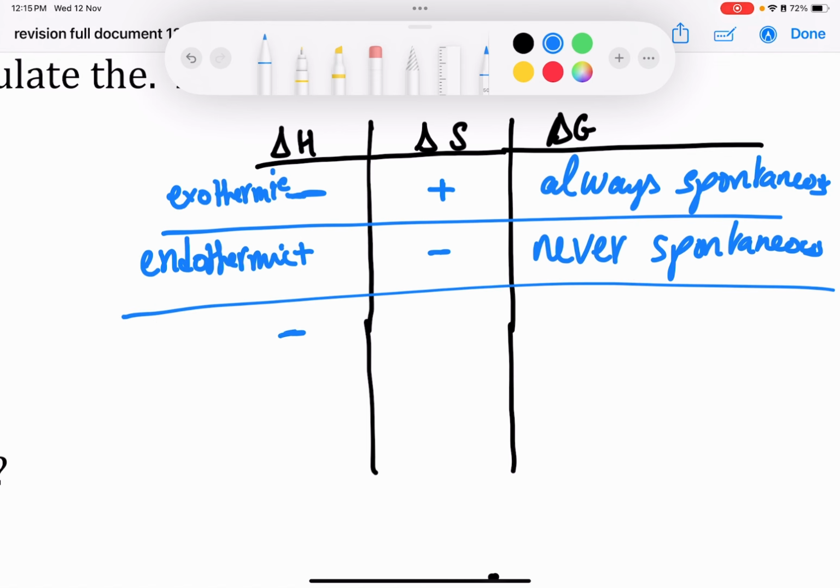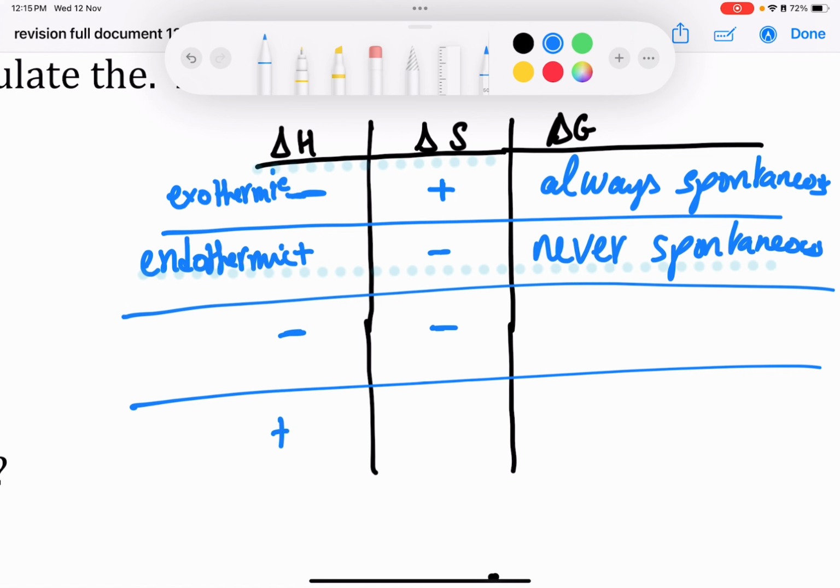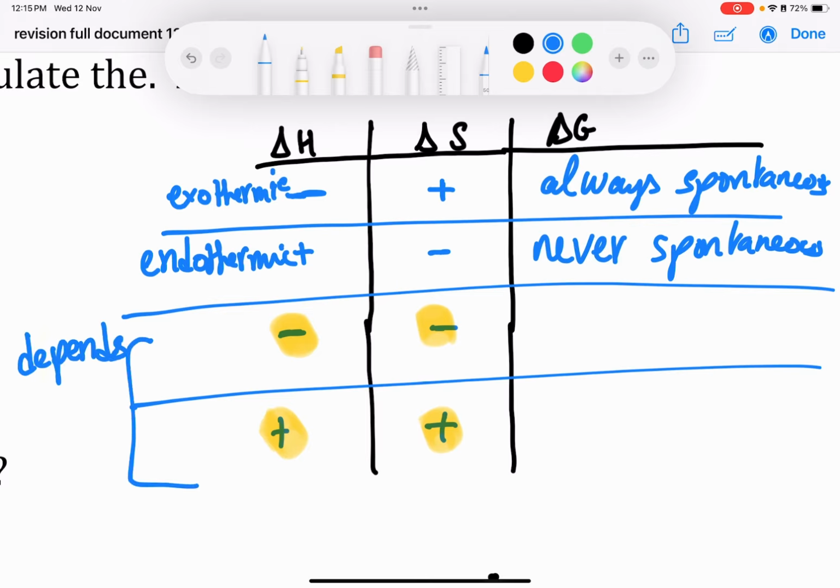Now, when delta H and delta S both are negative or when both are positive, in the case where they have the same sign, delta G is spontaneous, but this depends on temperature. So memorize it that way.